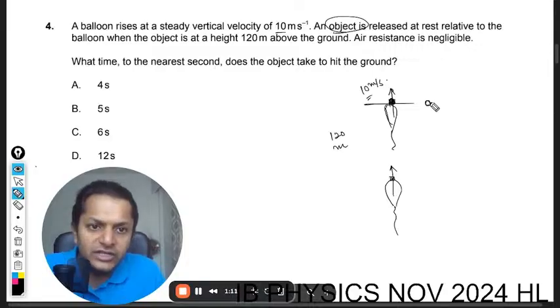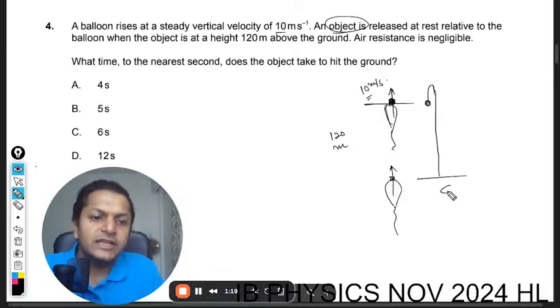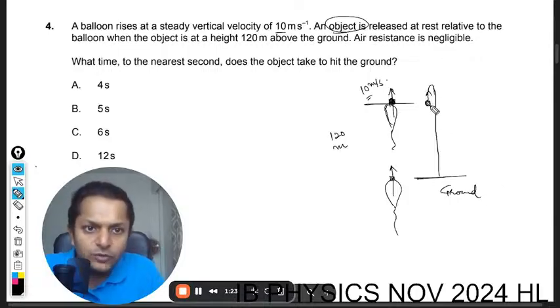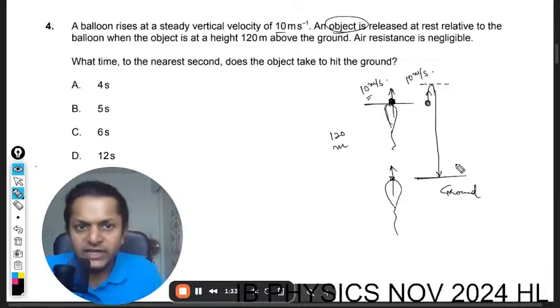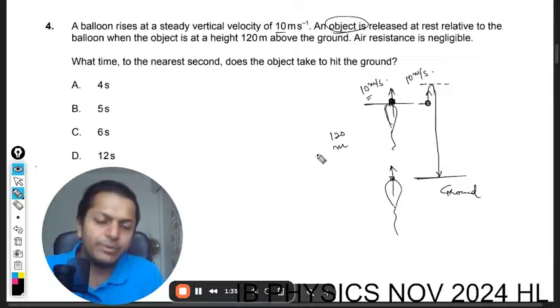So actually the trajectory of the stone will be like this, going a bit up and then falling down on the ground. So this body is going upwards with the speed of 10 meter per second, then it reaches the highest position and goes back and reaches the ground once again. This is the picture which is happening.